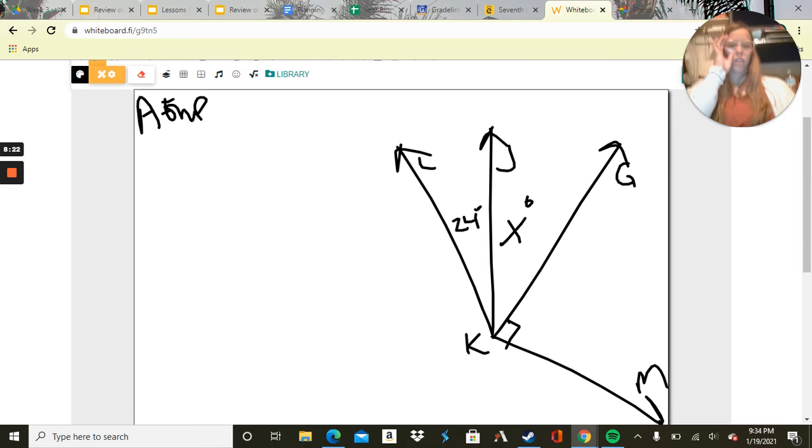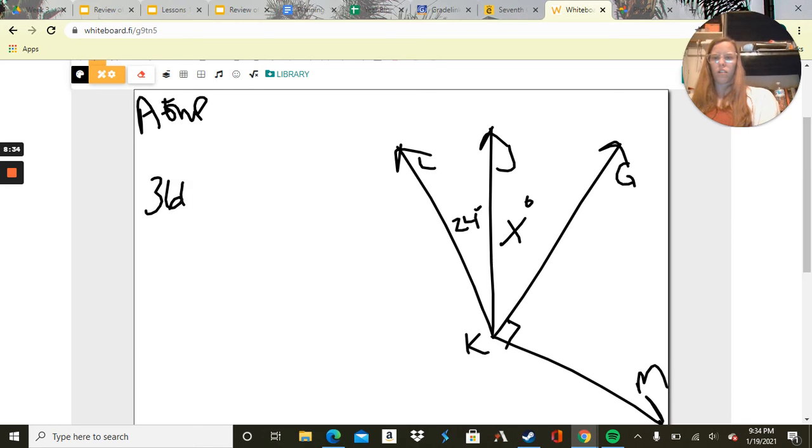So 3 or more rays. We have 1, 2, 3, 4. So we know that it's going to be 360 equals 24 plus x plus 90.